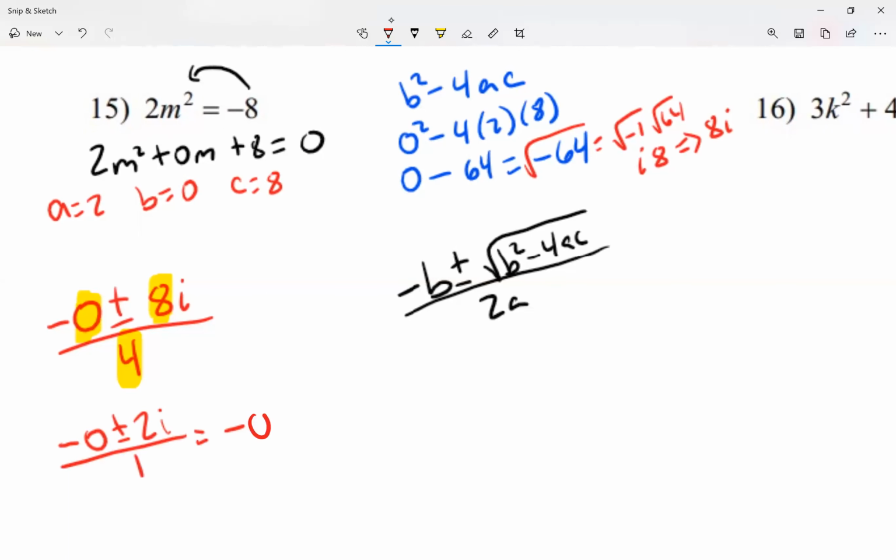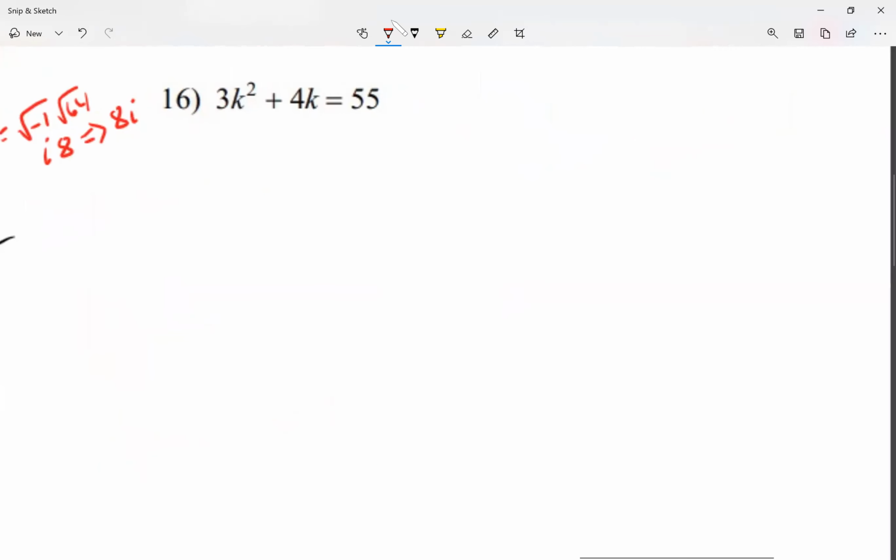So I have negative 0 plus or minus 2i. Now, my answers would be 2i and negative 2i. Right? Negative 0, in addition, 0 does nothing, so I'm not even going to worry about this. So my answers are 2i and negative 2i.